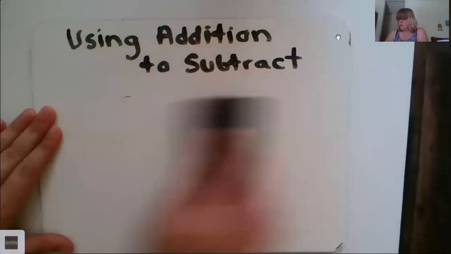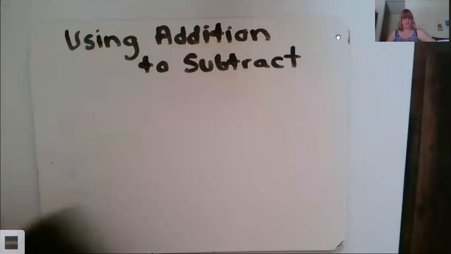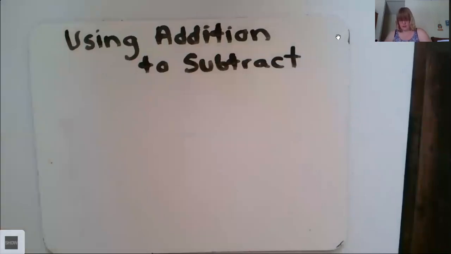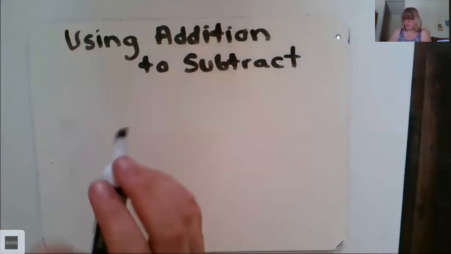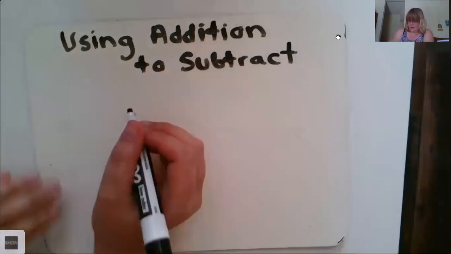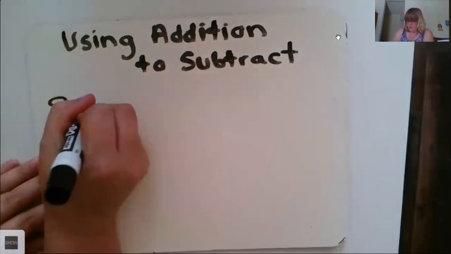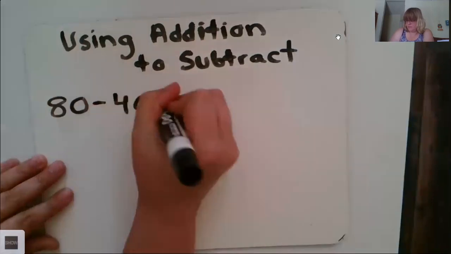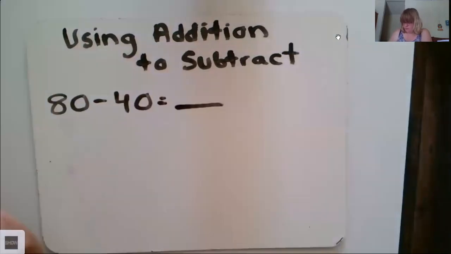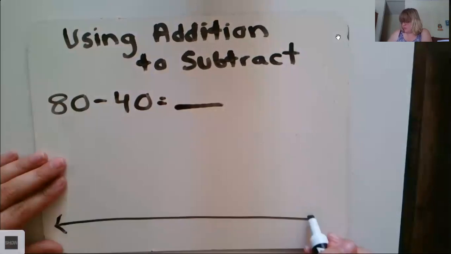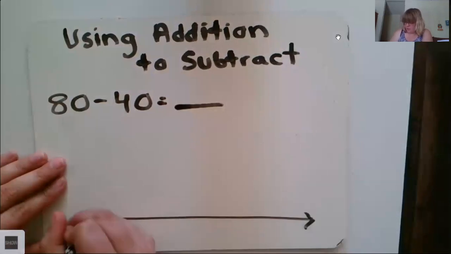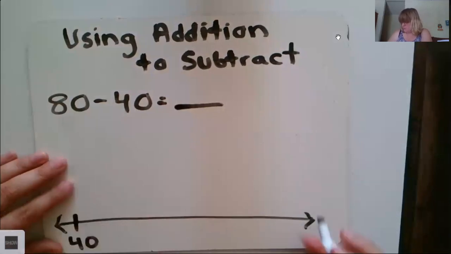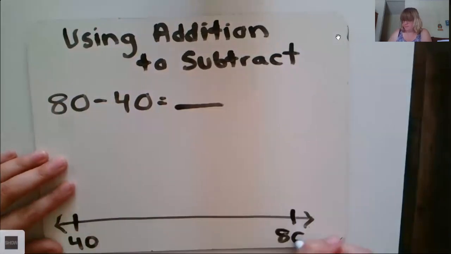I'm going to do another example of using addition to solve. So let's say that I wanted to find 80 minus 40. Again, I'm going to draw my number line at the bottom. I'm trying to get from the small number to the big number.